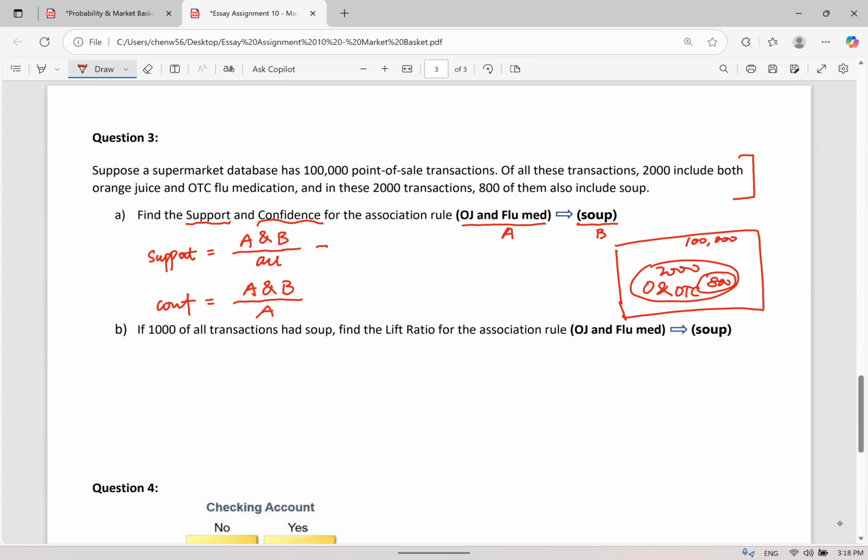So then when you calculate the support, how many of them contain both A and B? That means how many transactions contain orange juice, flu medicine, and soup? How many? 800. Perfect.